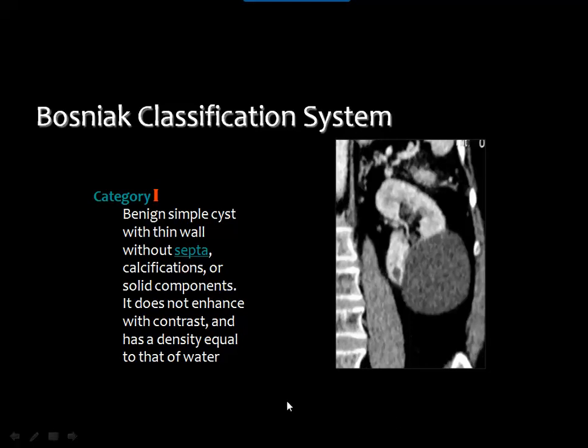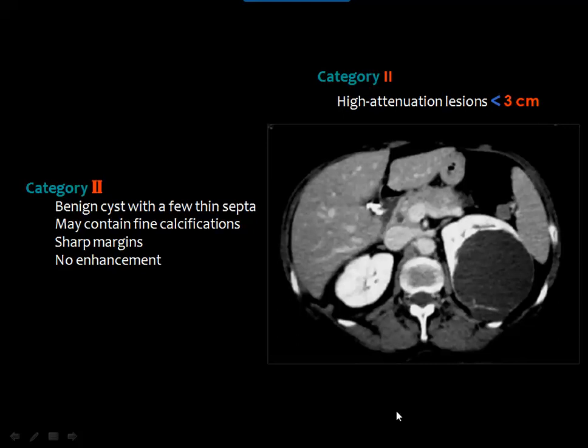Category number 1 is the simple renal cyst with the previously mentioned 7 criteria: a cystic lesion with paper-thin wall, clear water content, and sharp, well-defined margin with no evidence of septation, no calcification, no mural nodules, and no enhancement.